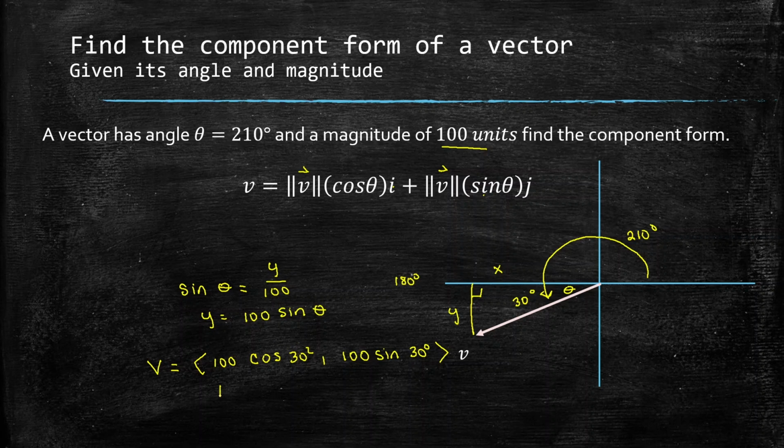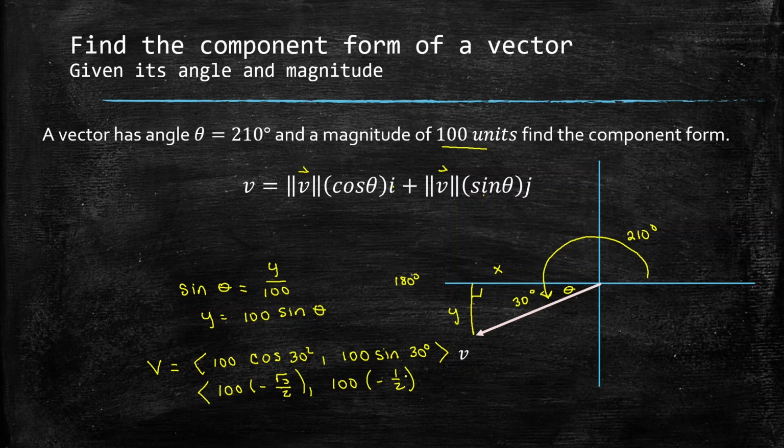And so I get 100 times negative radical 3 over 2, and here it's 100 times negative 1/2. And we knew that from our unit circle, right? With that, 210 degrees is going to be 7 pi over 6, and that's right out of our unit circle as well.